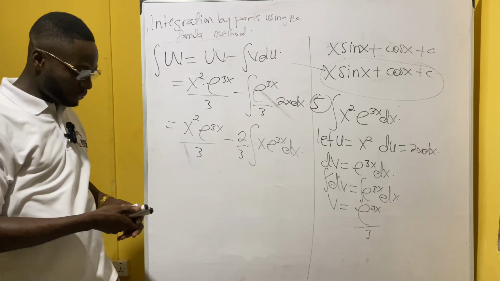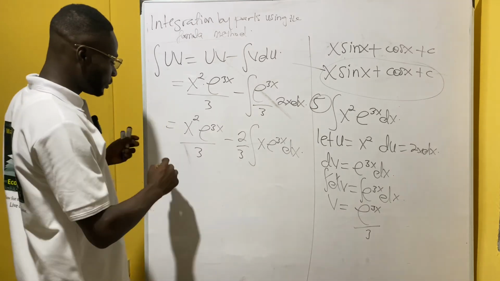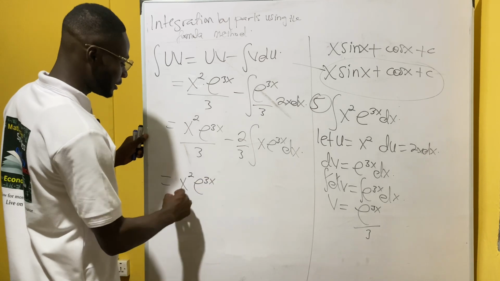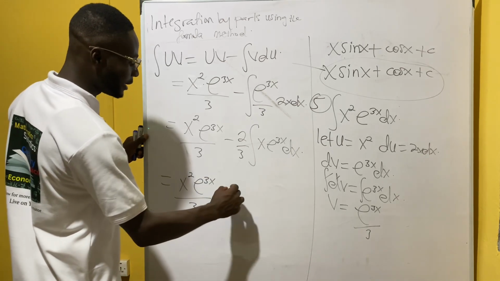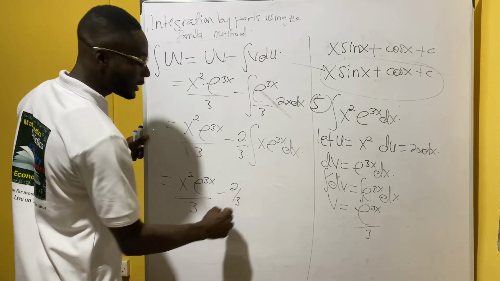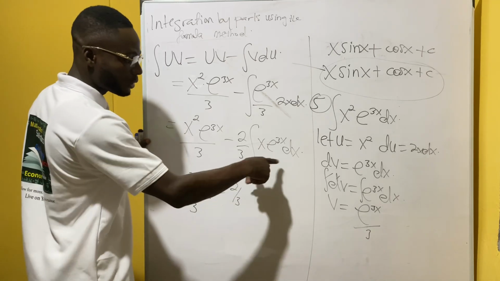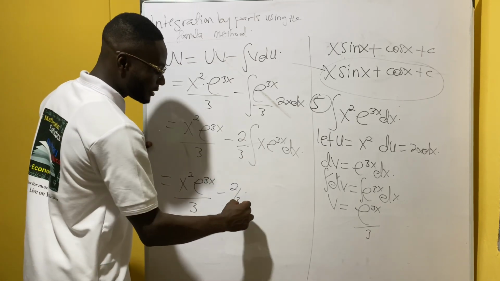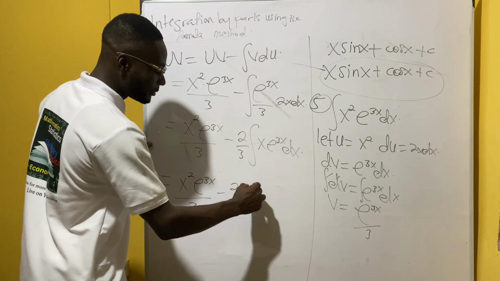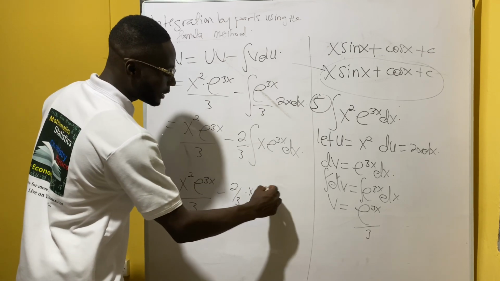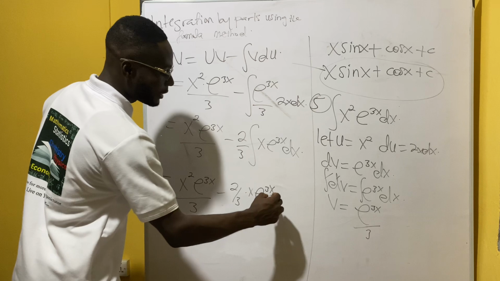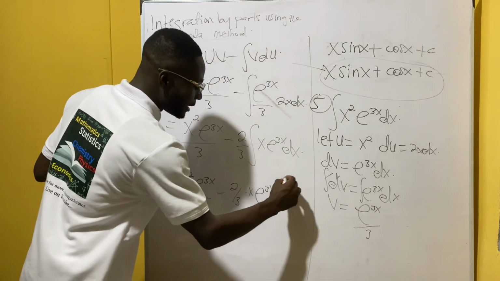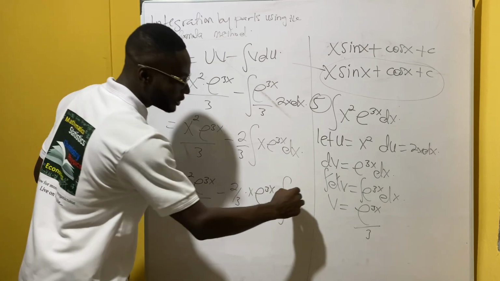So we are going to have x squared e power 3x all on 3 minus 2 on 3 times x e power 3x all on 3, then minus the integral of the function again.